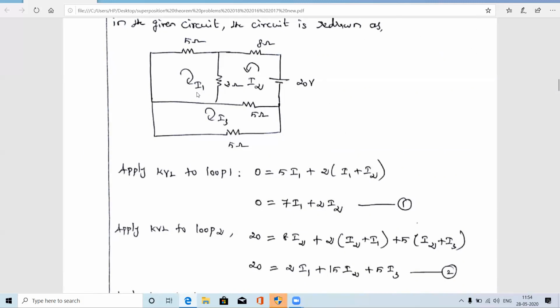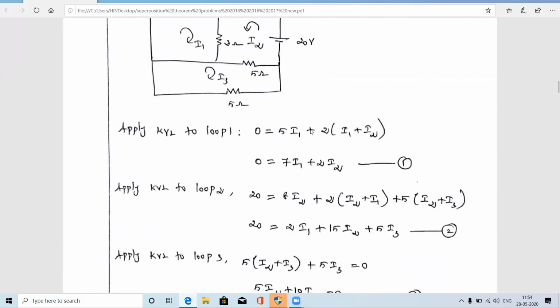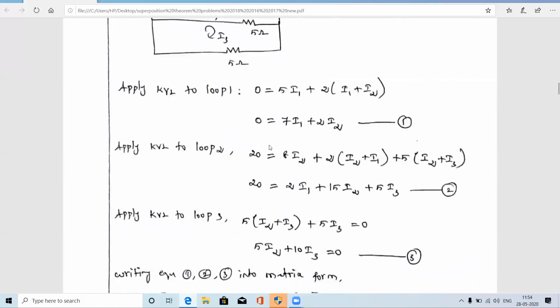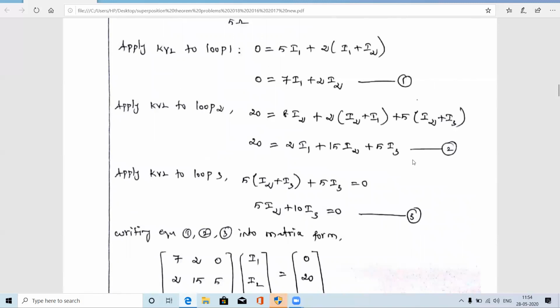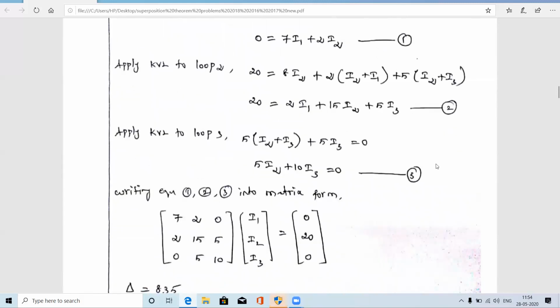So apply KVL for loop 1, loop 2 and loop 3. In loop 1, there is no voltage source. In loop 3, there is no voltage source. Only the second loop has a voltage source. This is the equation for loop 1, this is the loop 2 equation, and this is the loop 3 equation.